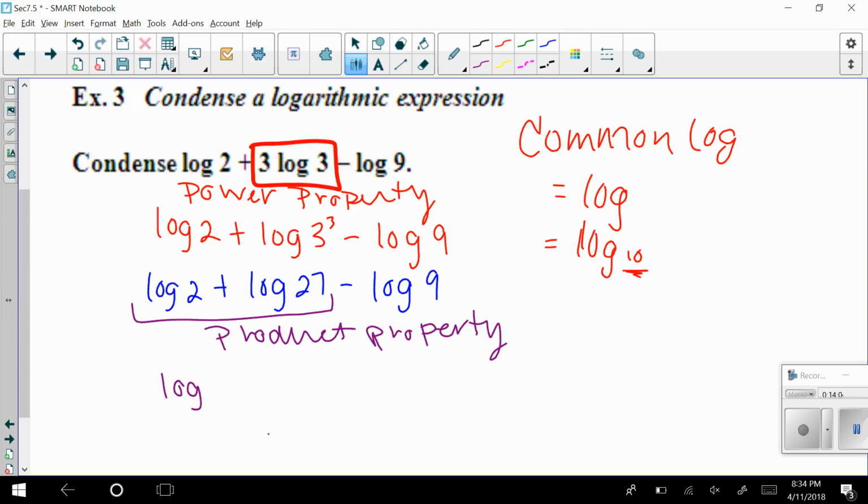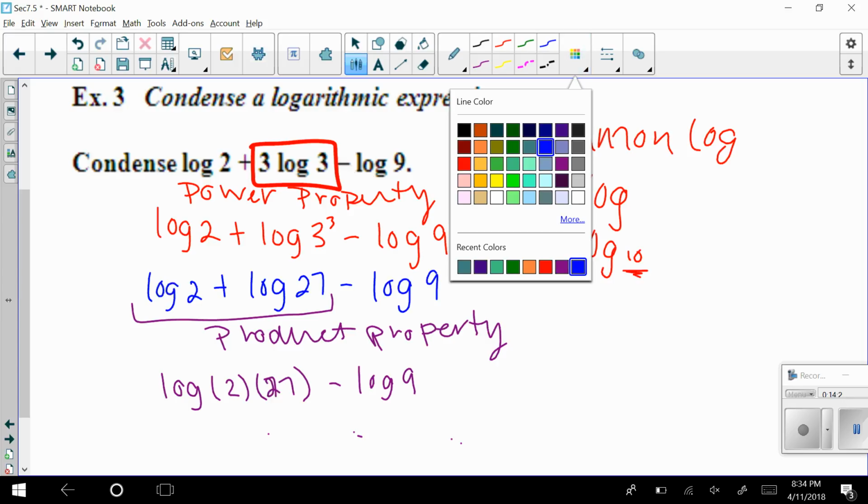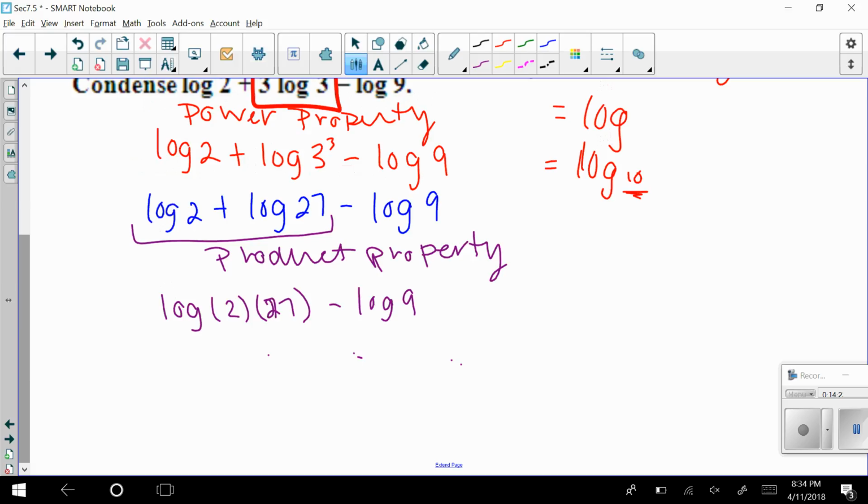So log of 2 plus log of 27 is the same as log of 2 times 27 minus log of 9. So again, now we're just going to simplify this, which is log of 2 times 27, which is 54, minus log of 9.